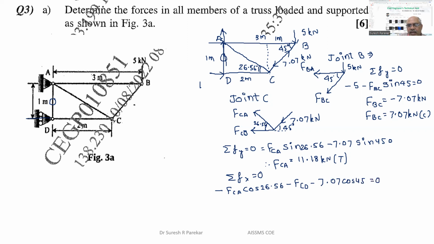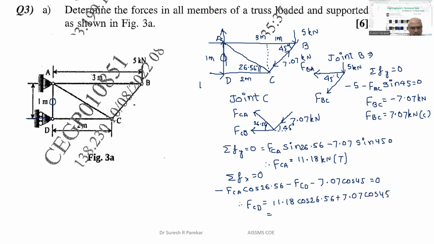And FCA we have 11.18, and therefore we will get FCD equal to FCA, 11.18 cos 26.56 plus 7.07 cos 45.